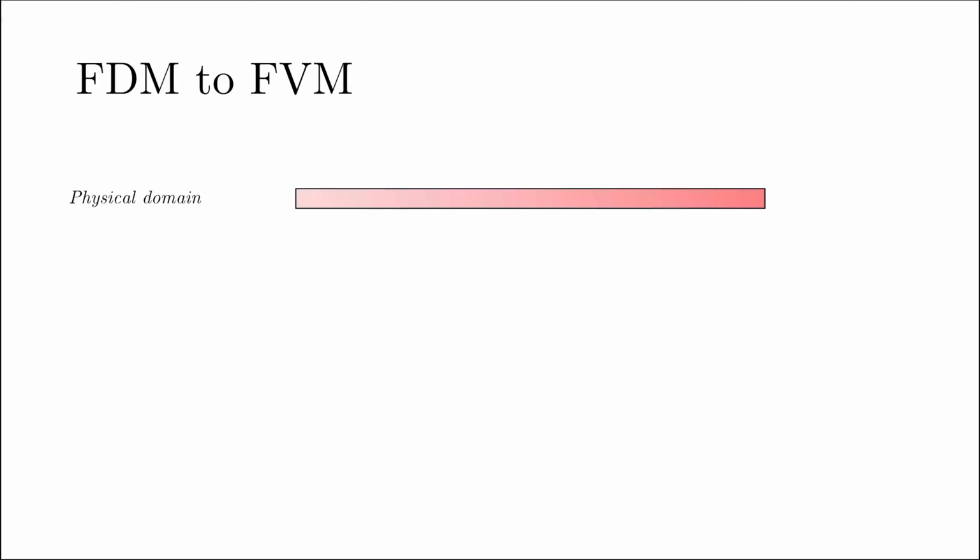So let me start by highlighting how we can move from a finite differences approach to a finite volume methodology. We'll consider the same physical domain that we were doing in the last lecture. That is a one-dimensional system. You can think of it as a rod. When we wanted to evaluate the temperature distribution here using a finite difference methodology, we had to divide this domain into a computational mesh.